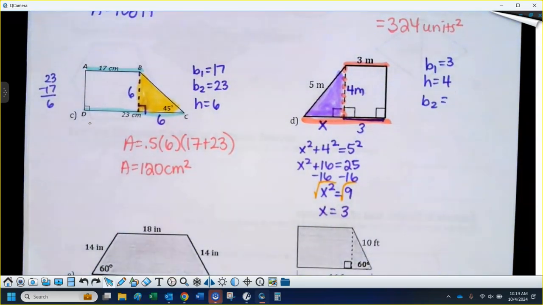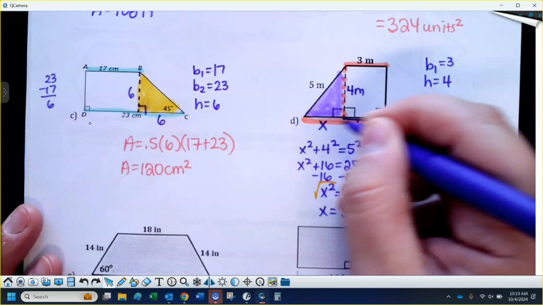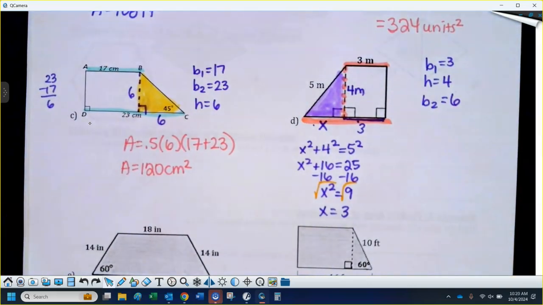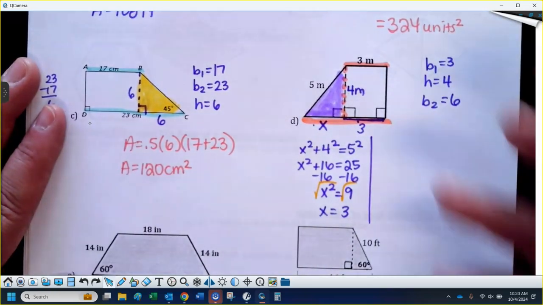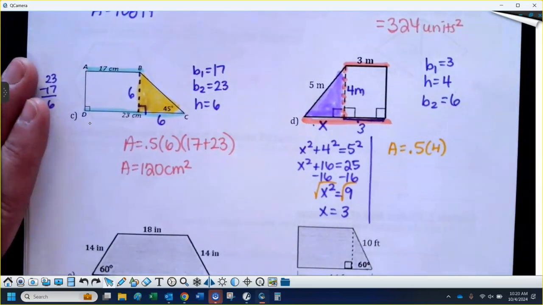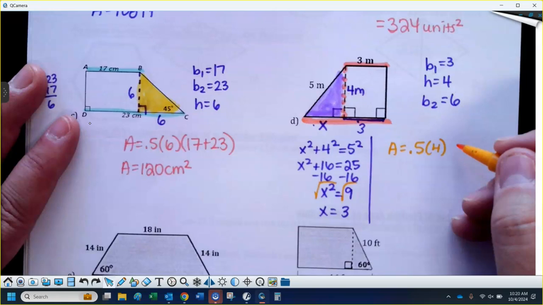What would that base we didn't know of the trapezoid be then? 6. So if this piece is 3, bless you, this piece is 3, the bottom of the trapezoid would be 6. Okay, once we have those 3 pieces of information, we're done. We just got to plug them into our area formula. So it's 1/2. The height, forgive, that was the 4 that I didn't copy out on the diagram, right?